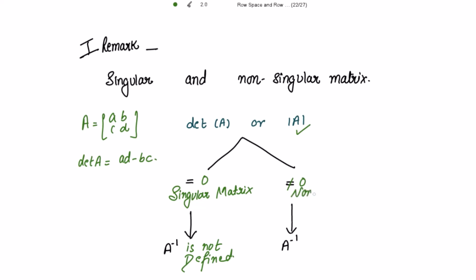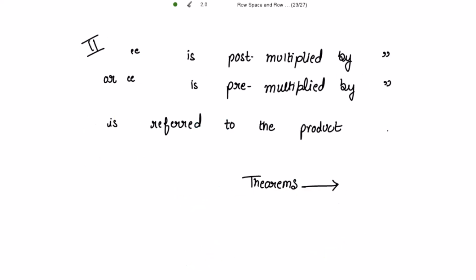So for a non-singular matrix, the determinant comes out to be non-zero, and A inverse is defined. A inverse exists.